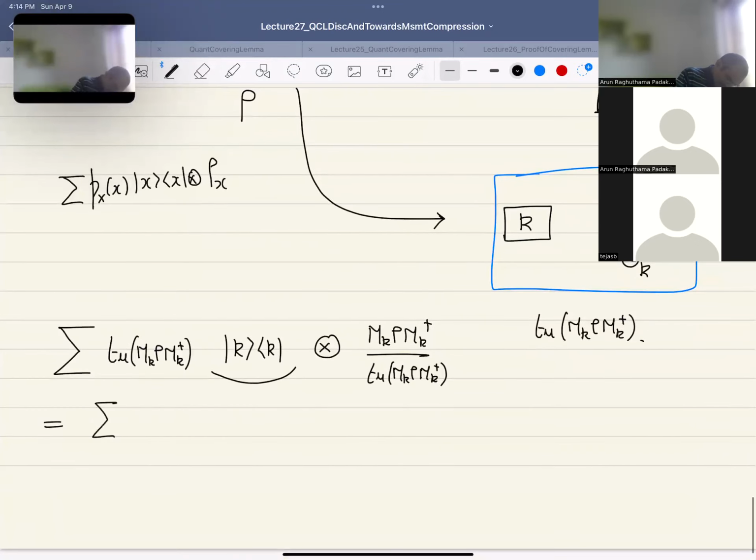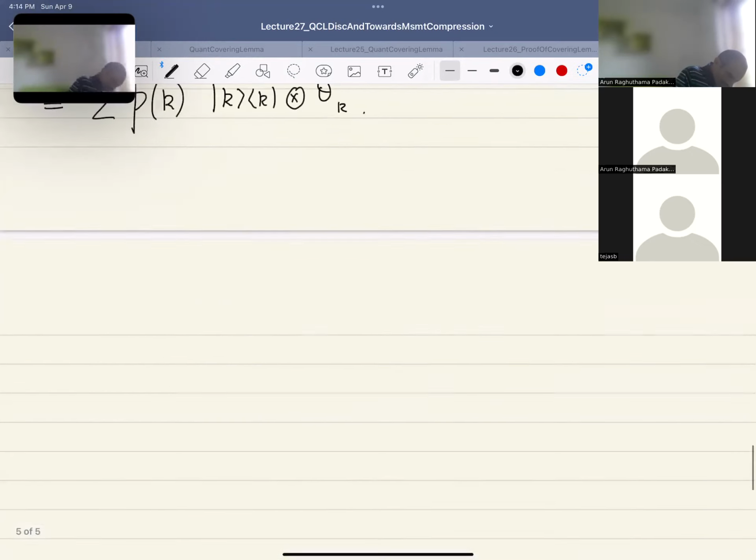Alternatively, I can write this as P of k, that's your probability, |k⟩⟨k| tensor theta k. So what is the measurement doing?